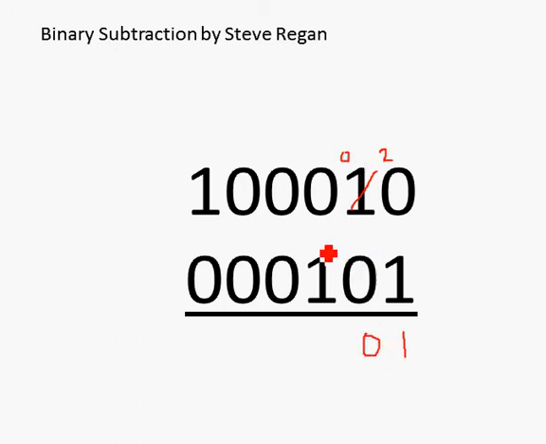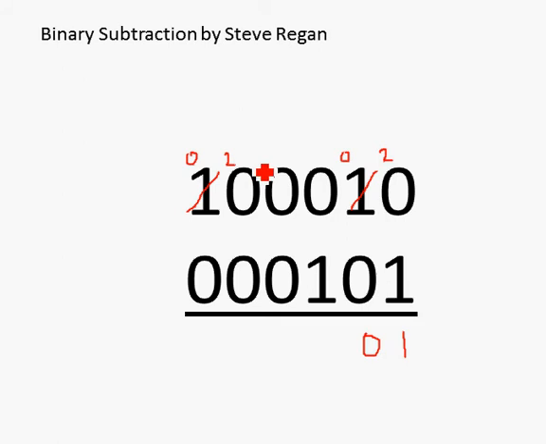And now we've got a situation where we have to borrow along a long chain. So what we'd have to do is borrow from here, leaving that as 0, which makes that 2.